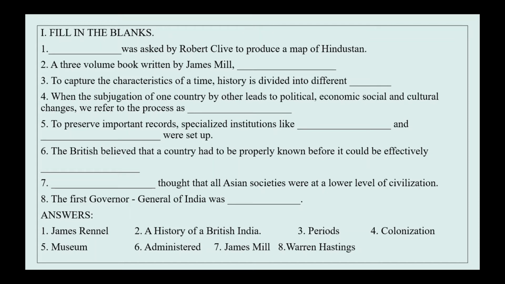Who thought that? J.S. Mill. J.S. Mill thought that all Asian societies were at a lower level of civilization. Next. The first Governor General of India was Dash, Warren Hastings. Okay, fine.